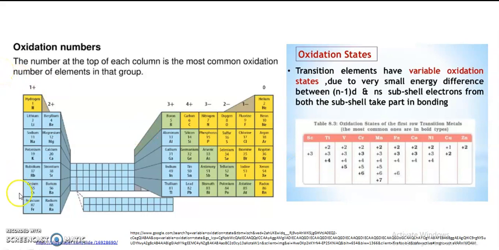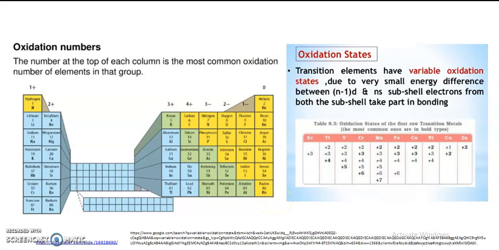Here we can see the oxidation numbers in the periodic table. The number at the top of each column is the most common oxidation number of the elements in that group. Like this, +1, +2, +3, +4, 3-, 2-, 1-, and this is 0 for inert gases.